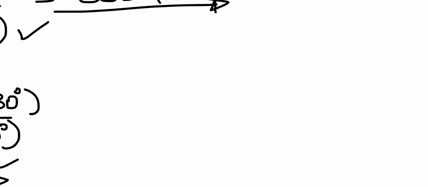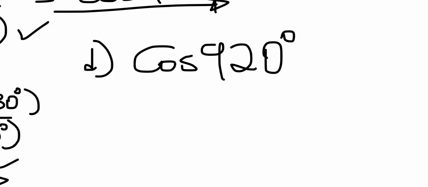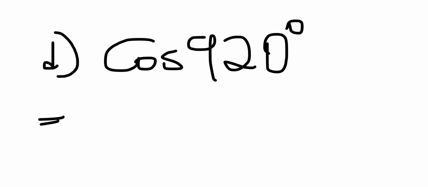Let's look at another example. An interesting example there where we are having cos of 920 degrees. Okay. I think the easiest way to work it out is this way, where we can just say, let's see, what is that 920 made of?